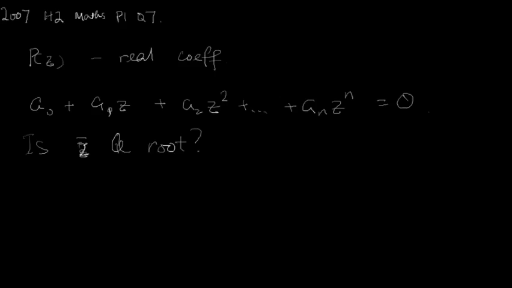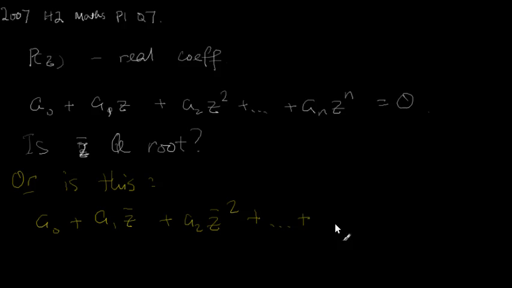You can think of it this way. It's the same as asking, if I replace the z by z conjugate, that means that if z conjugate is a root, then a0 plus a1 z conjugate plus a2 z conjugate squared plus dot dot dot plus an z conjugate to the power of n must satisfy the equation also. So it's the same as asking, is this true?